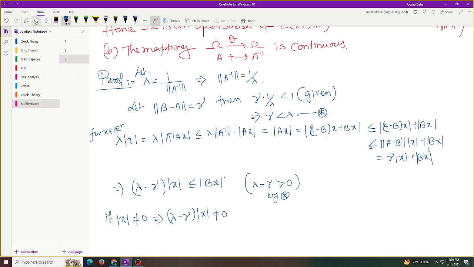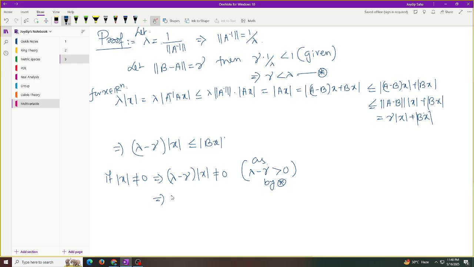So I should write this on this line as: this implies B from R to the power n to R to the power n is injective, kernel is 0, right?